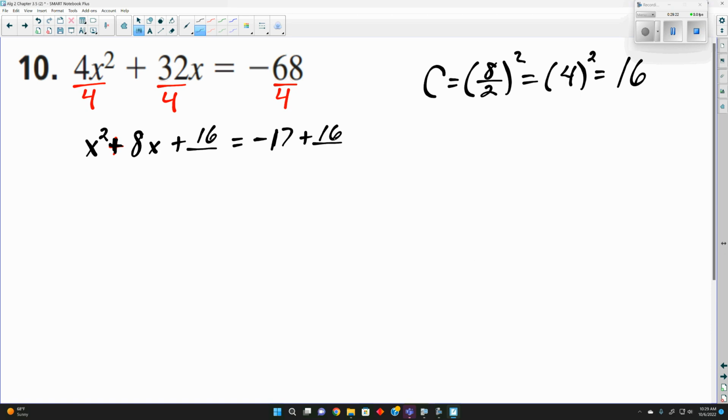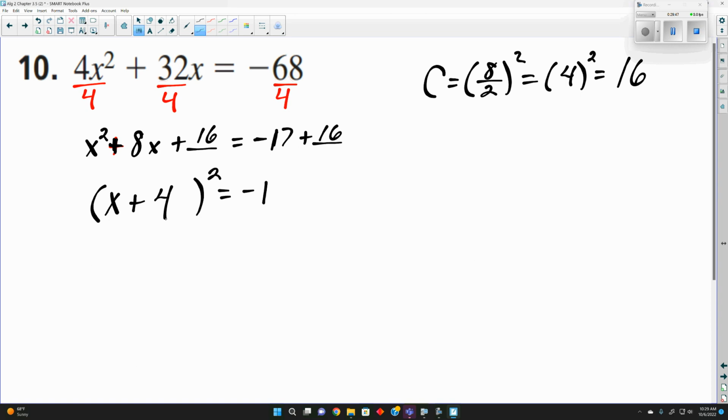Because the main way we get i is taking the square root of a negative number. And if we look at this here, negative 17 plus 16 is? Because if we're solving this and we graphed it and saw it didn't cross the x-axis at all, we should expect to take the square root of a negative. Or we expect i to show up in the answer.